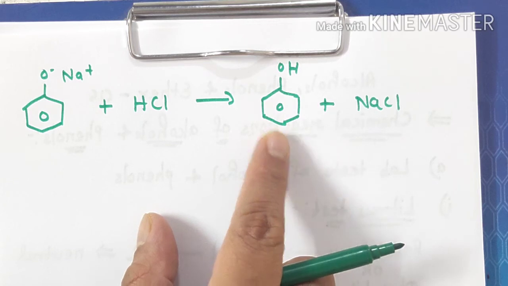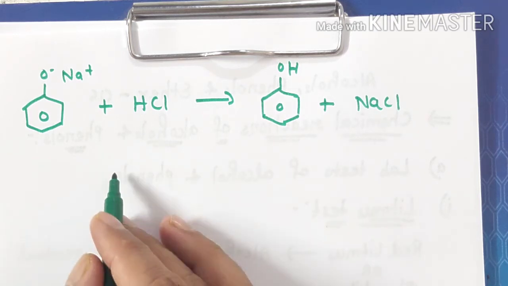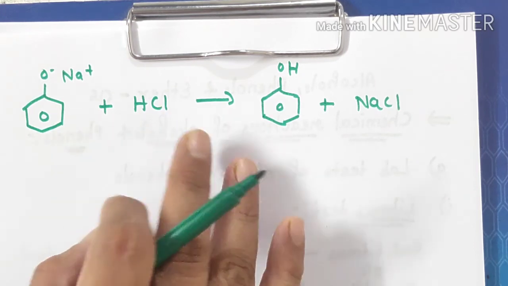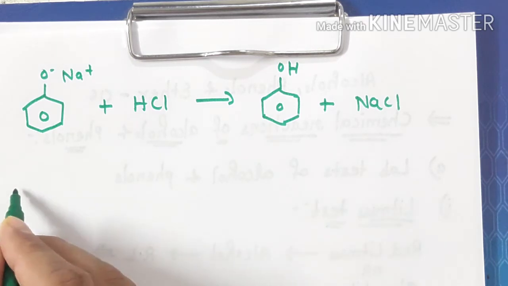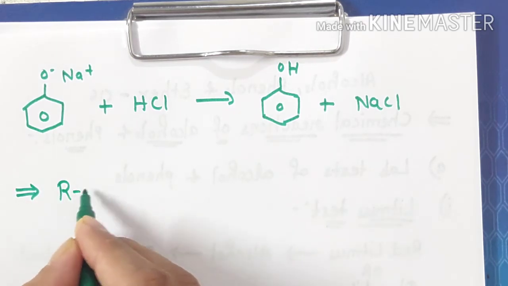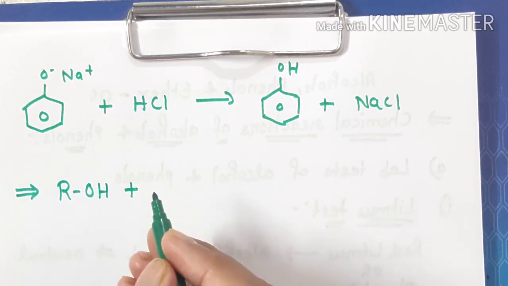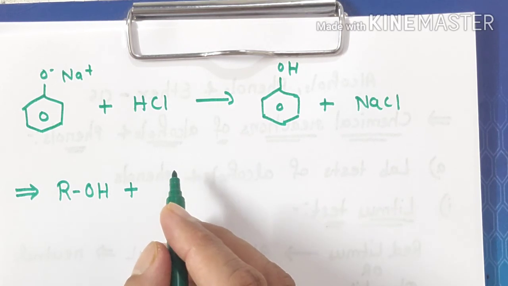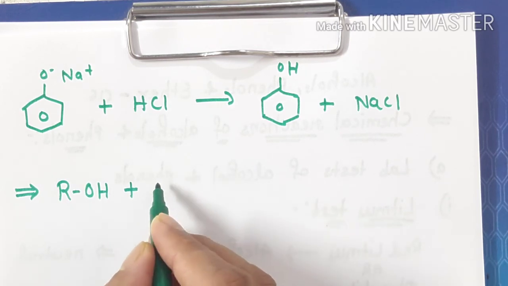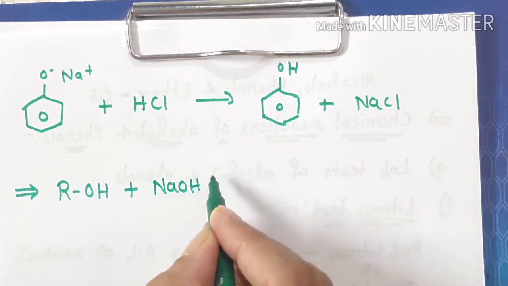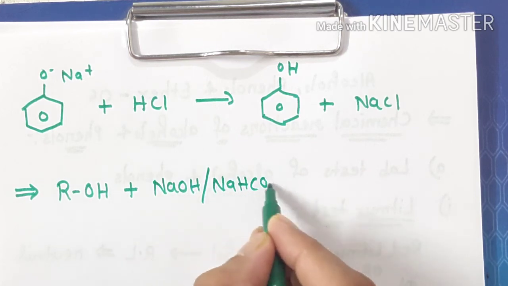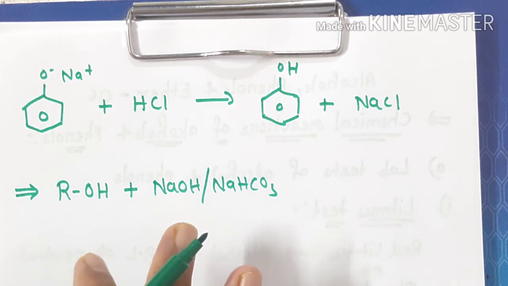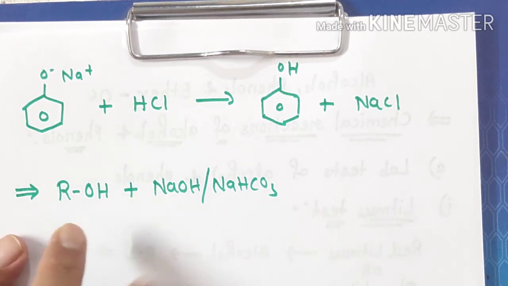Clear? Understood? Simple. Now, we studied the reaction of phenol with base. Now suppose I take alcohol and react it with some base like NaOH or NaHCO3, will it react? The answer is no. It is not going to react with either NaOH or NaHCO3, because according to our study till this point, this alcohol is neutral.